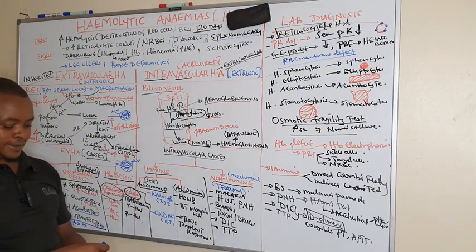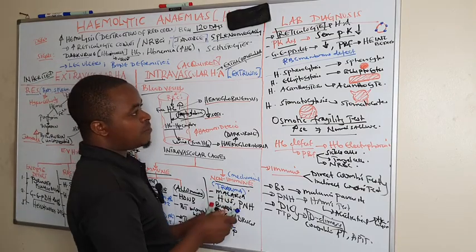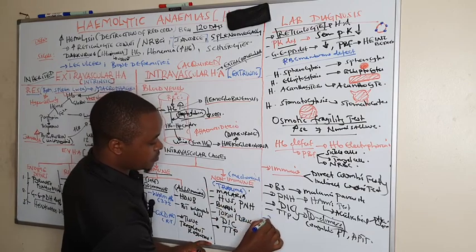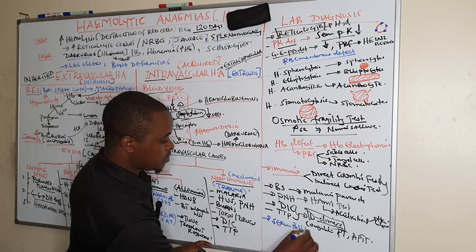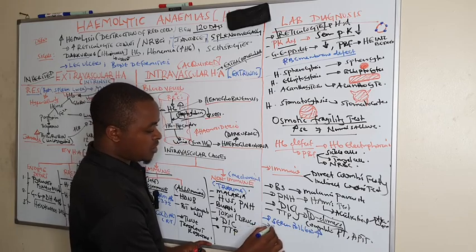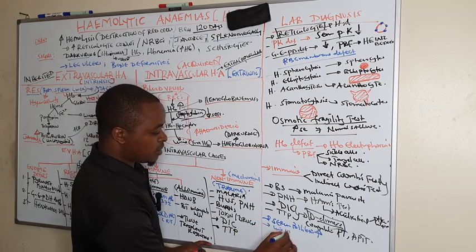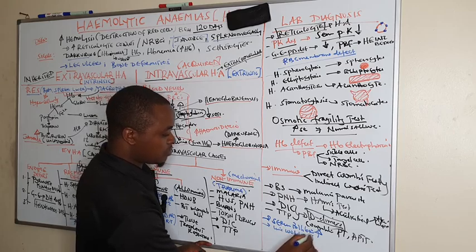Other tests we can do apart from that is we can also do serum bilirubin. We can determine serum bilirubin, and we'll find it is elevated. We can look at urine urobilinogen by the Schlesinger method. Urobilinogen will be increased.